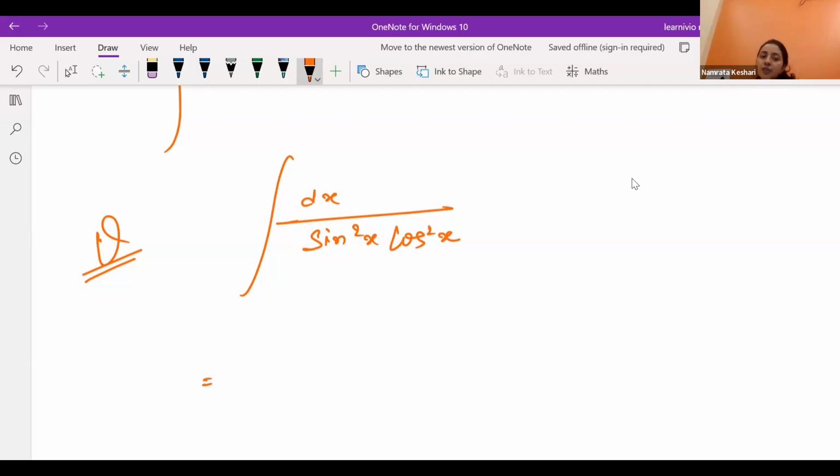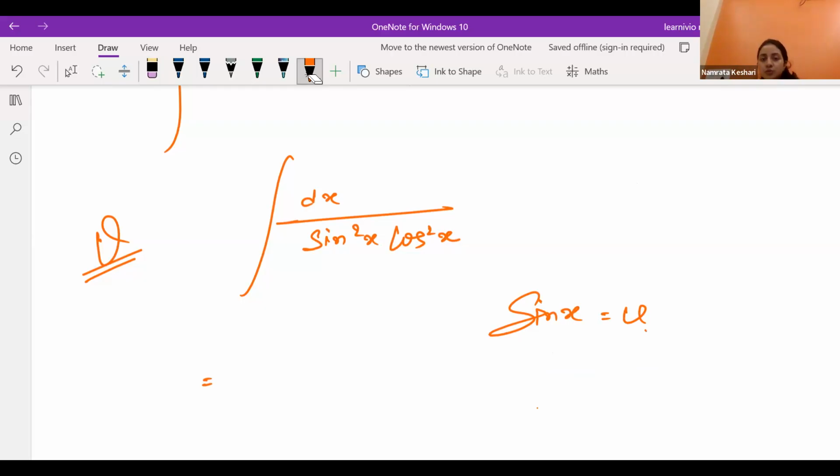So here, if we take the denominator's cos square, it will not work, right? Will it? Okay. Let's think about it. Suppose we take cos x as u. Then the derivative of cos x is minus sin x. Instead of cos x, since minus sin is coming, let's try taking sin x. We are checking, not the final one. We are just trying to analyze what can be done. Let's think about all the possibilities.